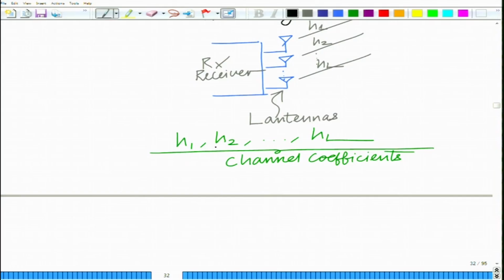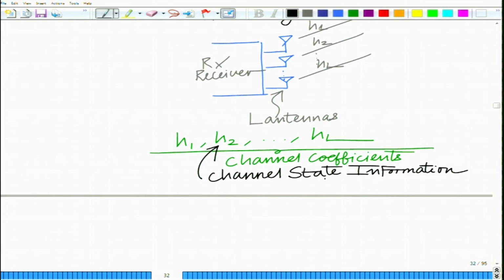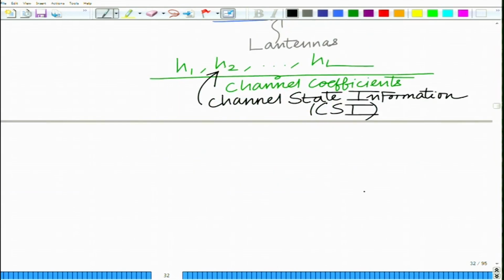This is a frequent term. Okay. Knowledge of these channel coefficients is termed as channel state information.